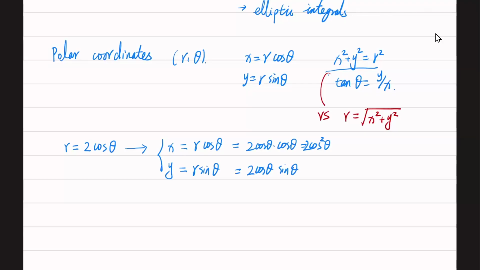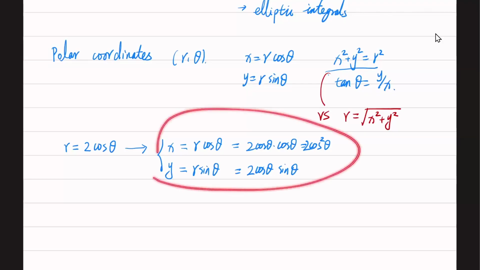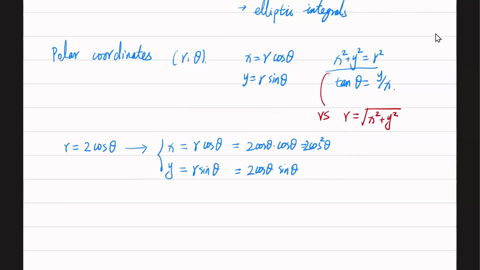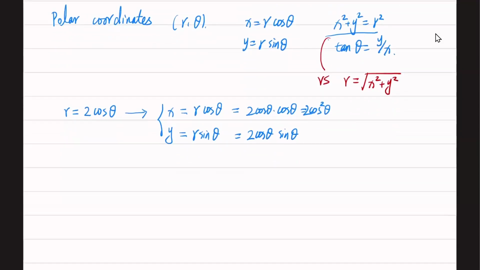But let's guess what the curve will look like. The circle, how do you get that? You plotted it before. A circle. Okay, so let's check.